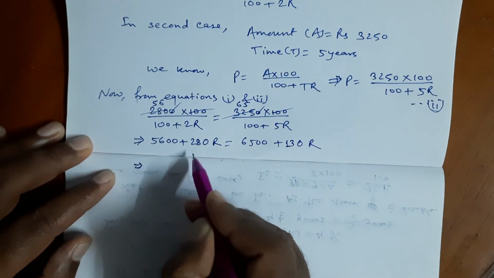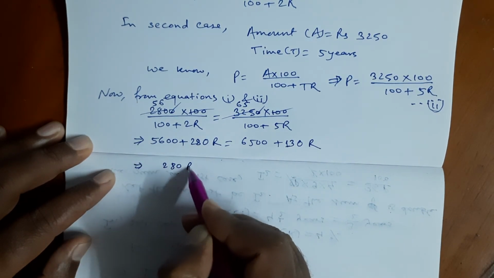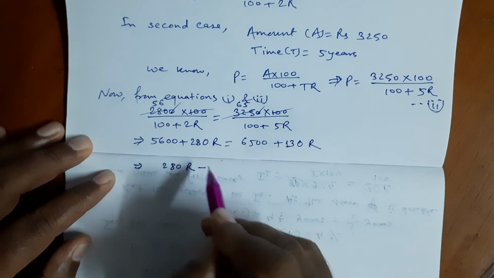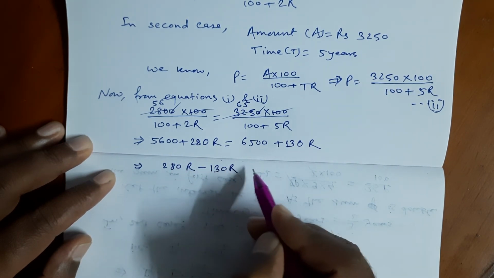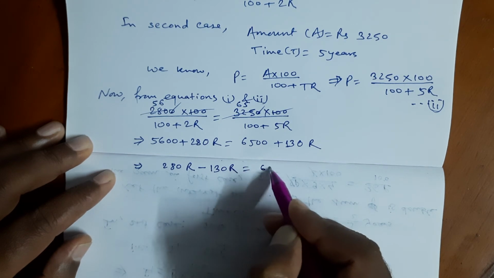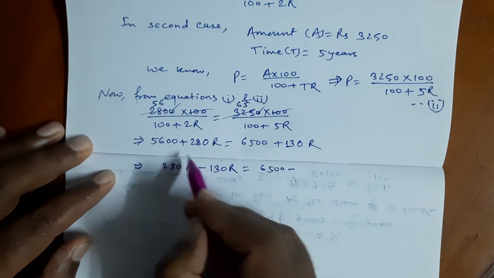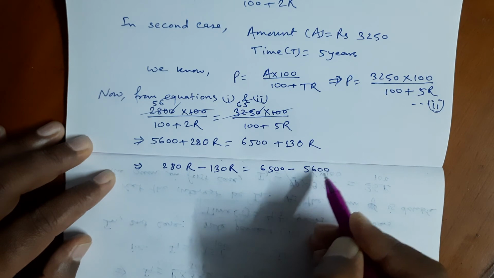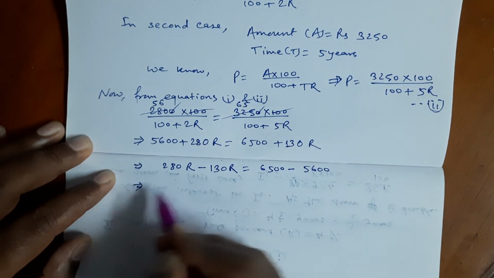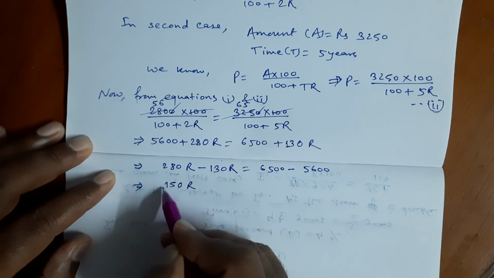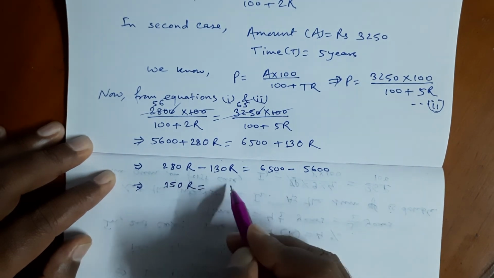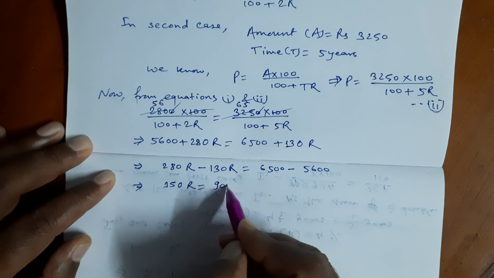Now this 280R and 130R go to the other side, so it becomes 280R minus 130R equals 6500 minus 5600. This implies 150R equals 900.